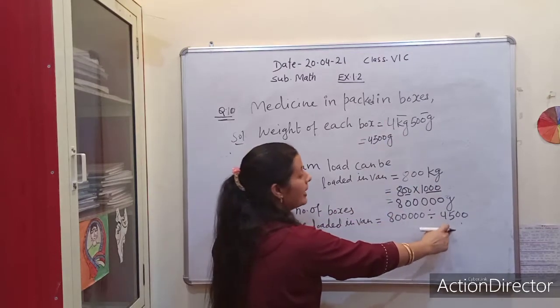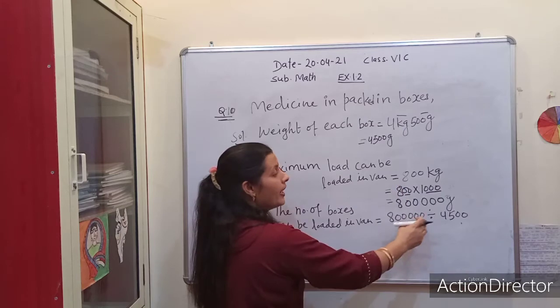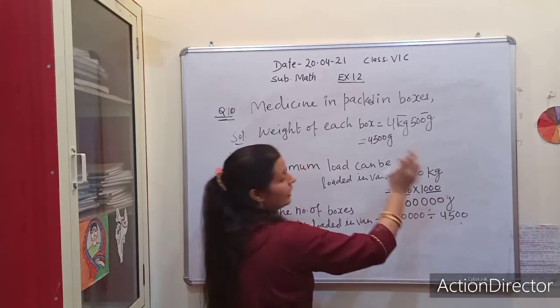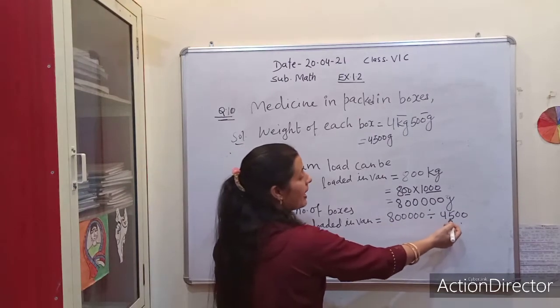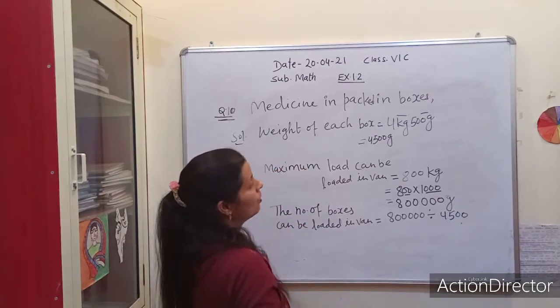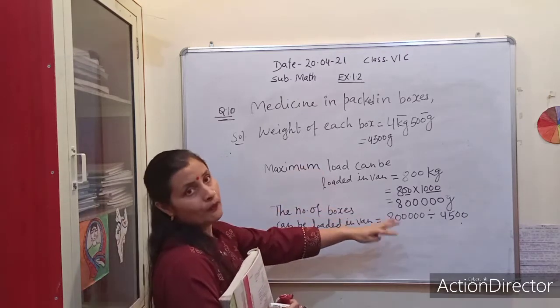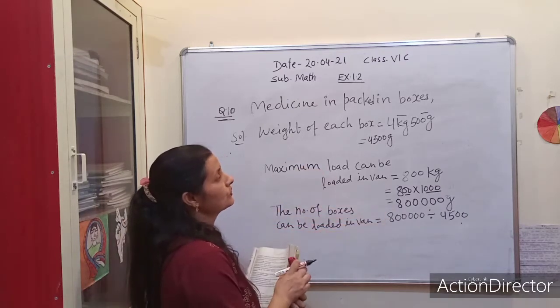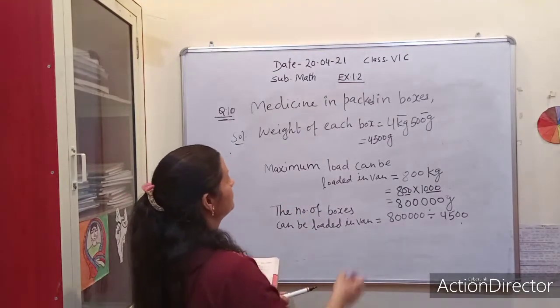We will divide the total weight by one box's weight. Then we will get our answer. 8 lakh is divided by 4500. You can copy it down. Then I am rubbing this part to do the division. Note it down. You can pause the video, then you can note it down.